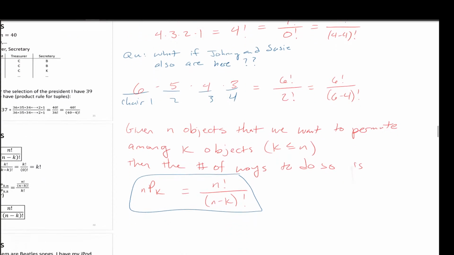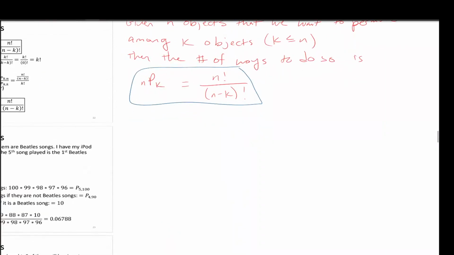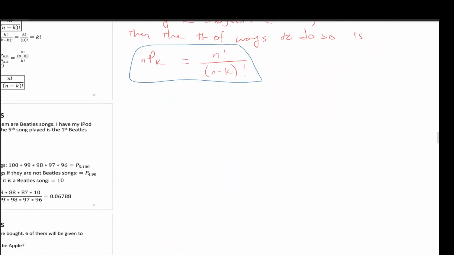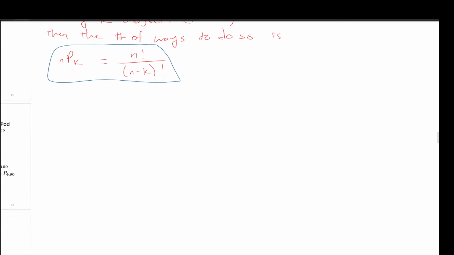Okay, well, that's cool. What if we don't care about the order of the chairs now? So what if the order of the chairs doesn't matter? What if the order of the chairs is unimportant?